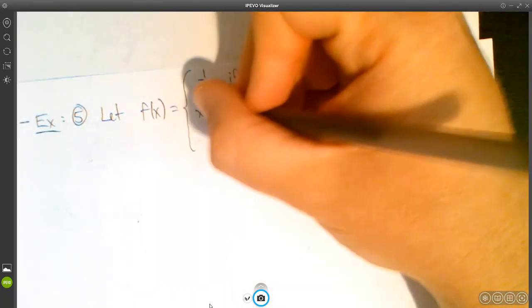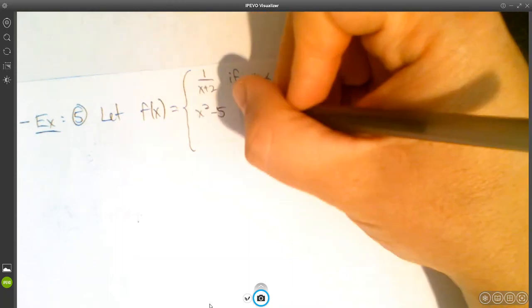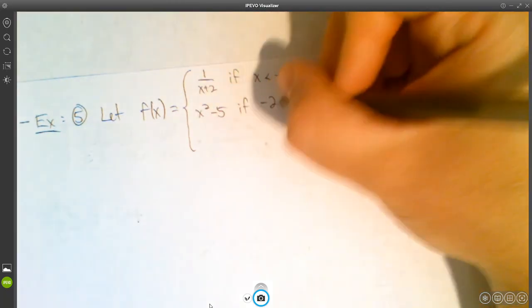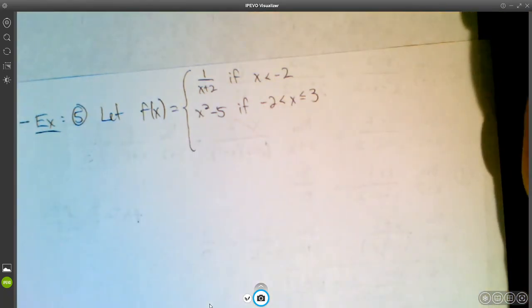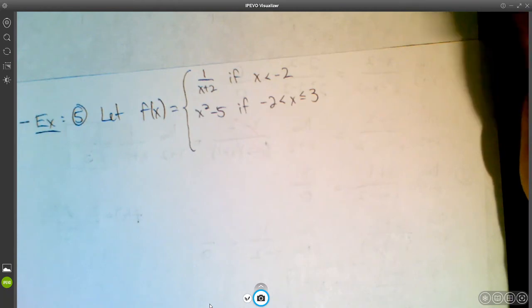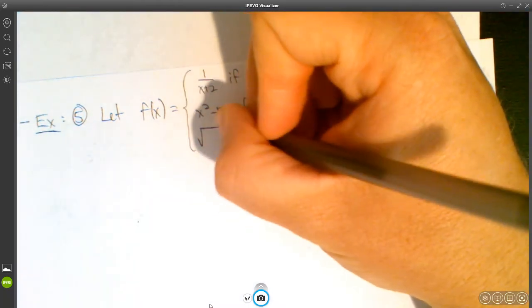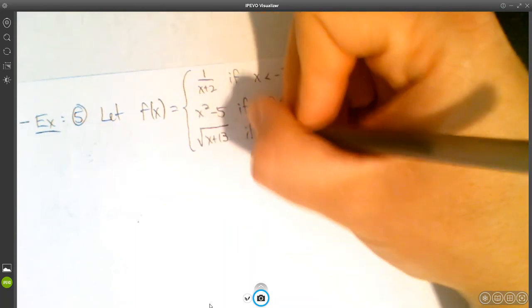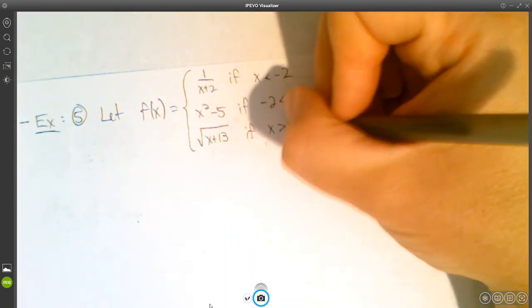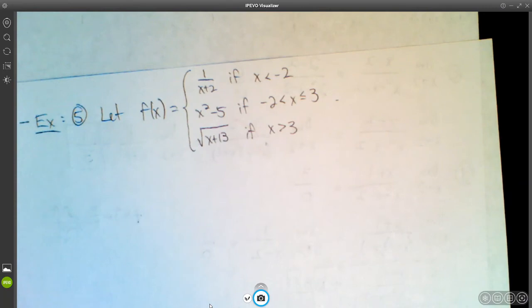It's going to be x squared minus 5 if x is between negative 2 and 3, including the 3, not including the negative 2. And then it's going to be square root of (x plus 13) if x is greater than 3. Okay, so there's our function f.